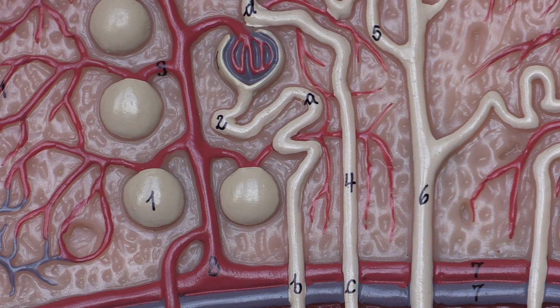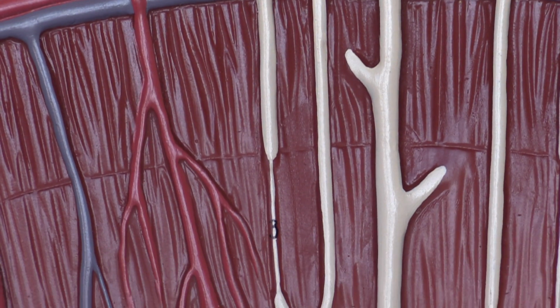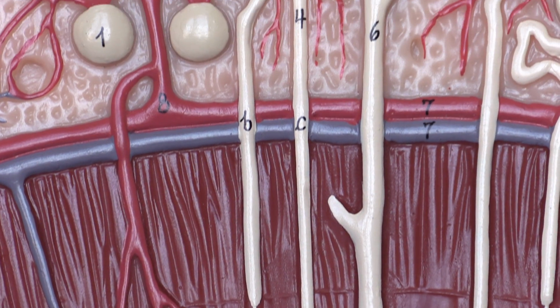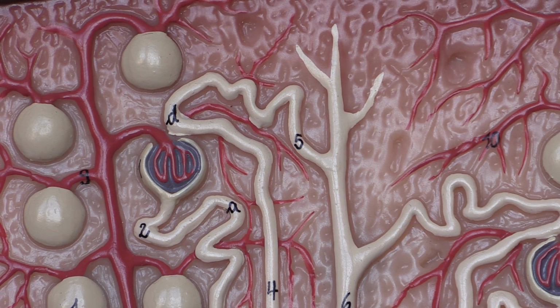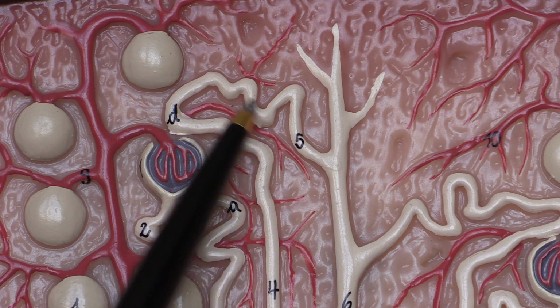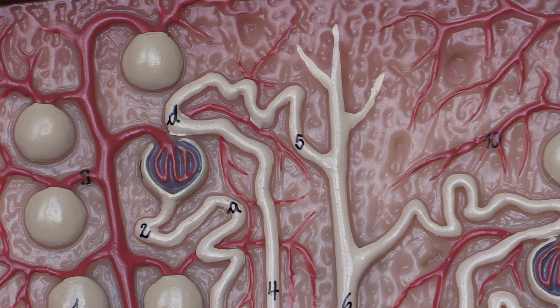Then we go on down to the loop of the nephron, dipping down into the medulla, then going back up again. And then we notice there is a distal, or a second, convoluted tubule here. And these convoluted tubules pass material into the collecting duct.